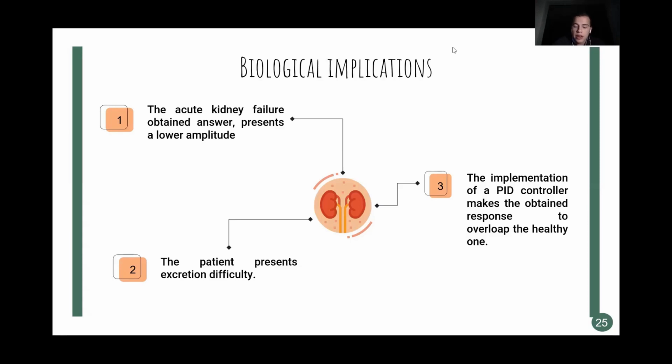So it was clear that the obtained response was the one we expected. There wasn't going to be a better answer, and I dare to say that there weren't going to be better values to put in our controller for the answer to overlap our healthy patient.